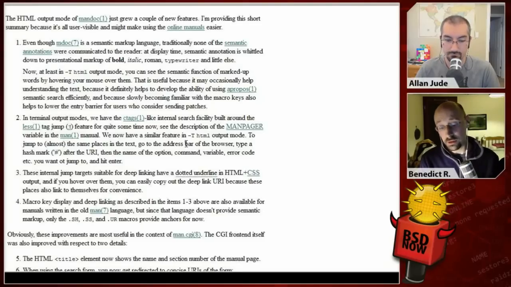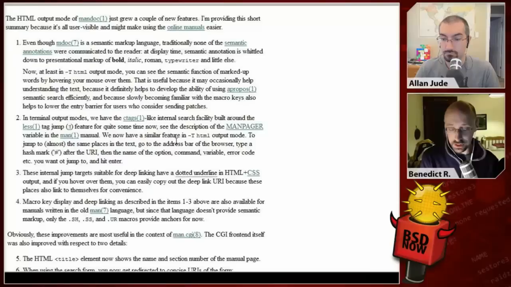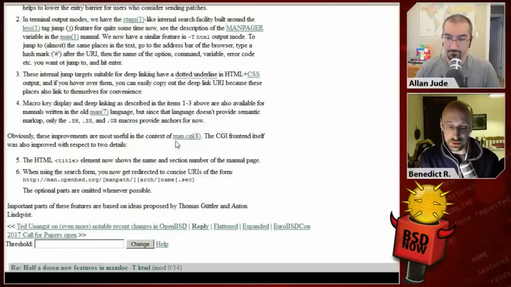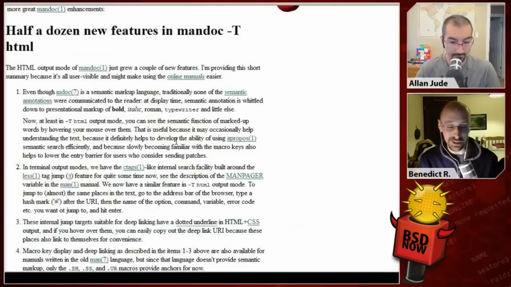And since Mandoc has also been ported to FreeBSD and other systems, these systems will benefit from those additions as well. So relatively soon, I guess people are eager to get those features and try them out. It's a nice thing. And if you want to do more work in HTML mode of Mandoc, check out these new features.